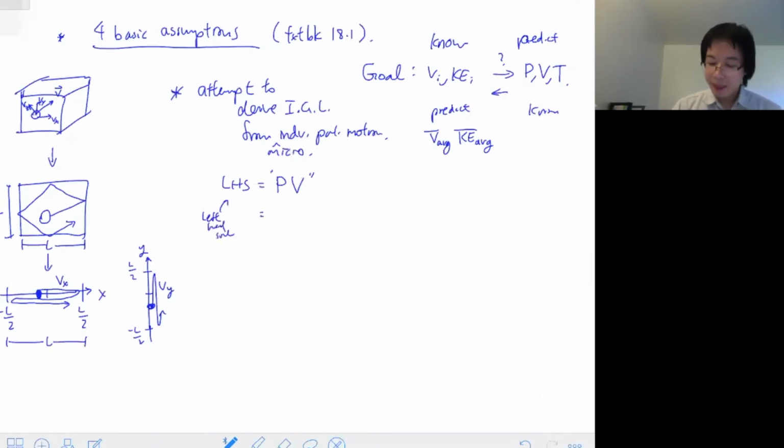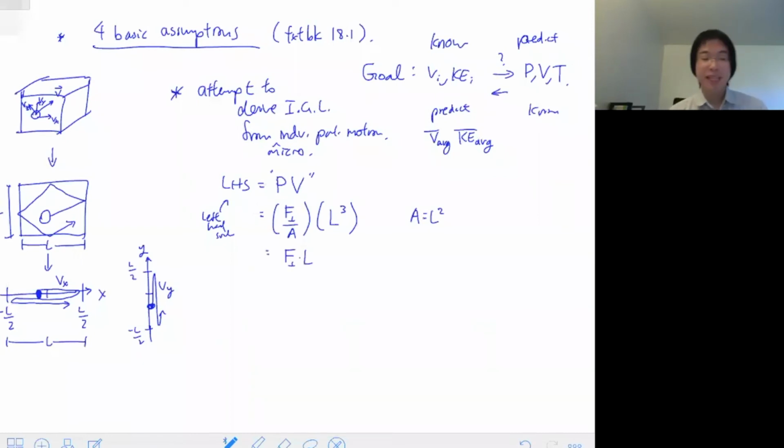And what is P? P is the force per unit area, the perpendicular force per unit area. And what is the volume of a box? Let's keep things simple, say it's just L cubed. It's a square box, and the area is basically L squared. As a result, you can cancel that out, and that's F perpendicular times L.